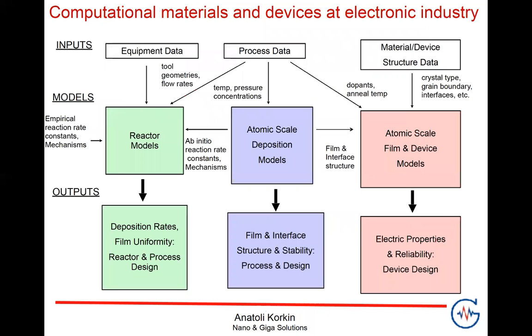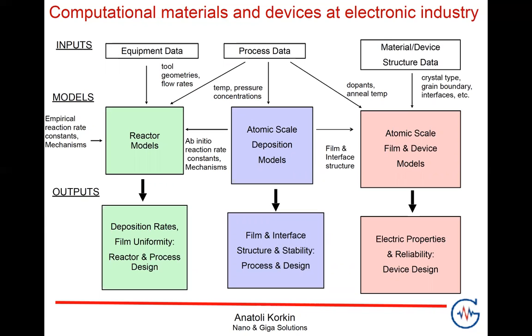So this is a brief management type structure, which we show to managers, of what we actually do in computational materials science and device design in the electronics industry. The input comes from experimental data, process data, and materials and device data.